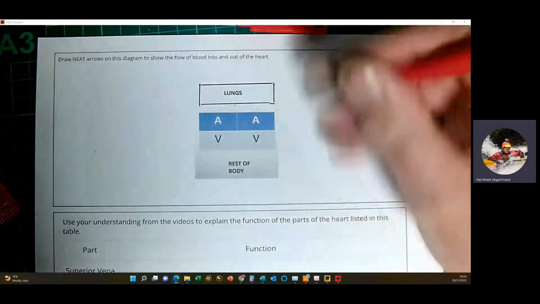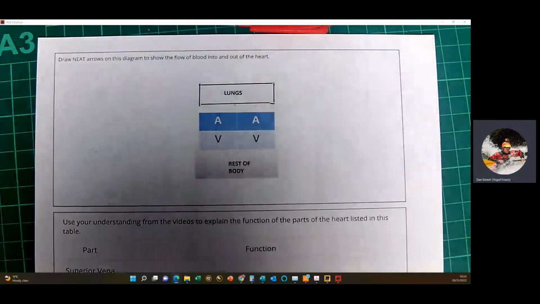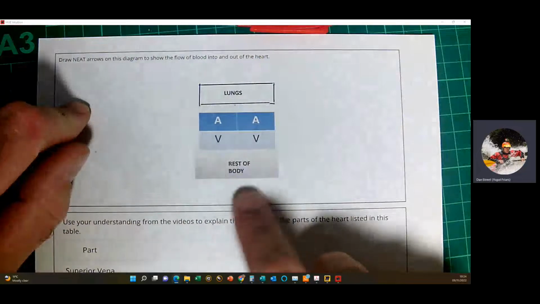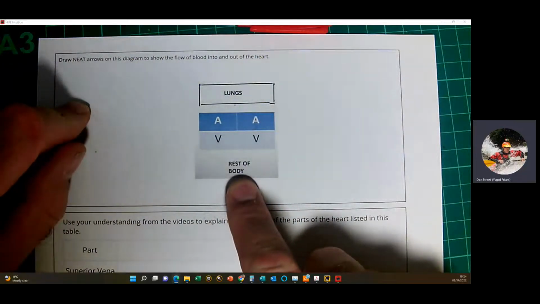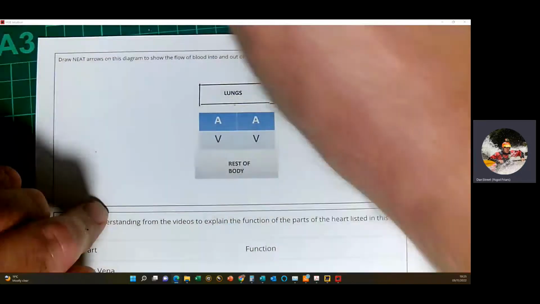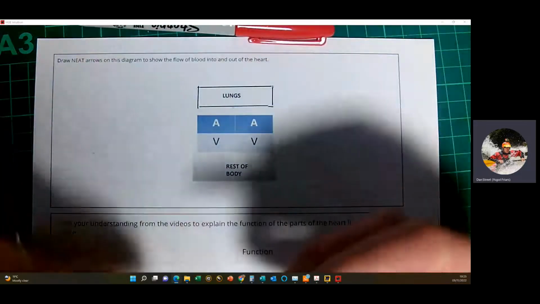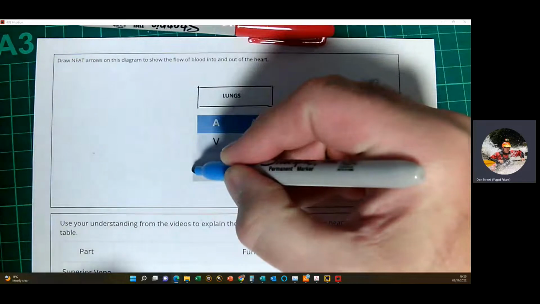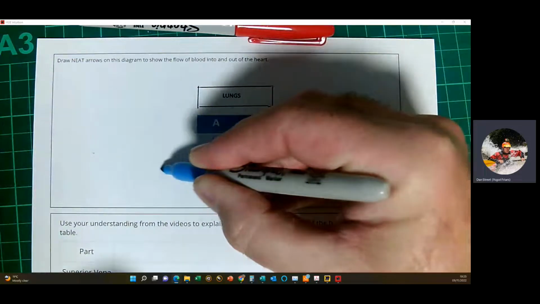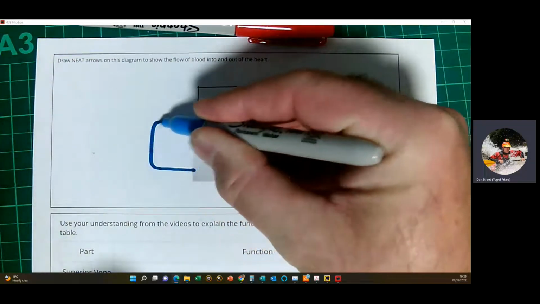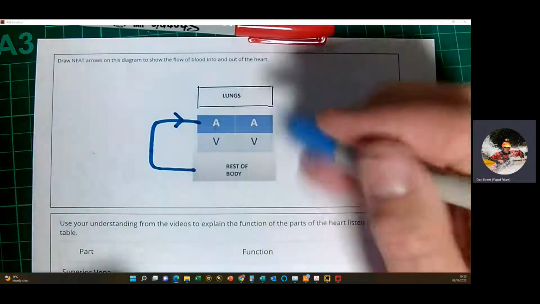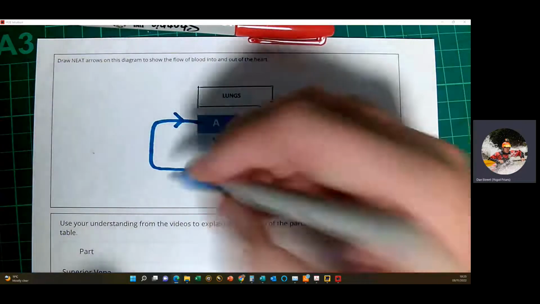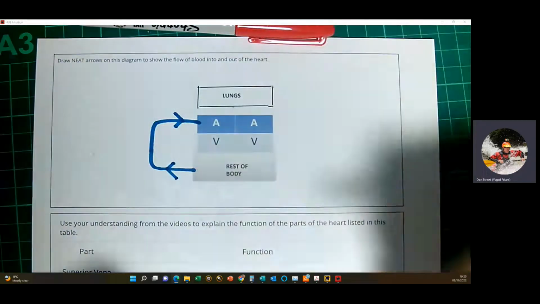And so the first thing we need to add is the passage of the blood from the rest of the body, okay, into the heart itself. And so I'm going to use a blue pen for this to show that blood travelling from the rest of the body into the heart, into the atrium here, which is the right atrium, is deoxygenated.